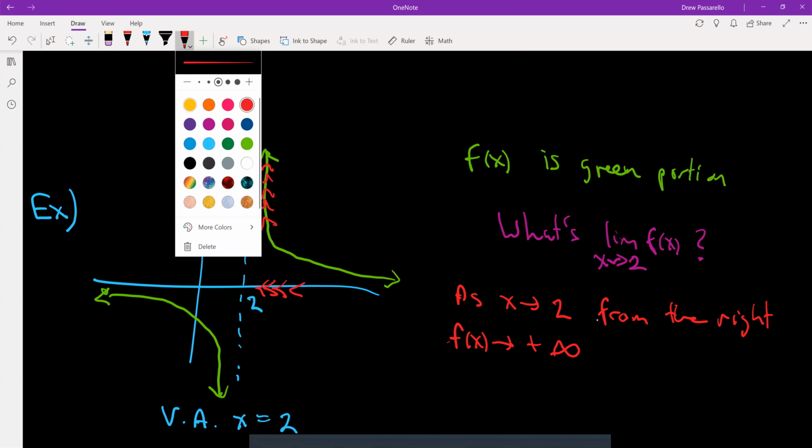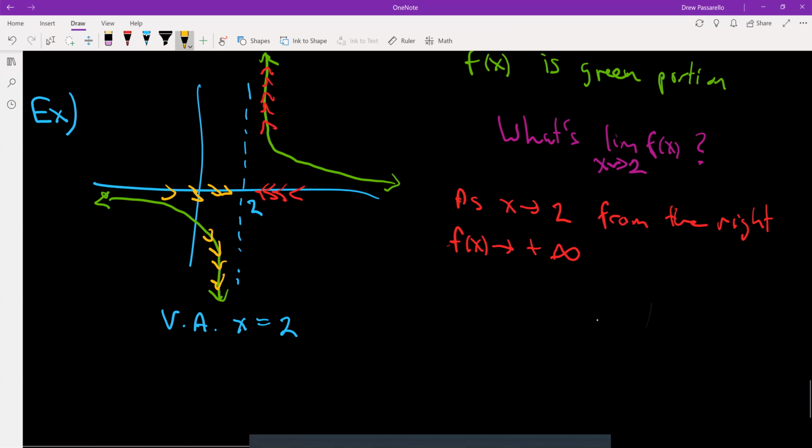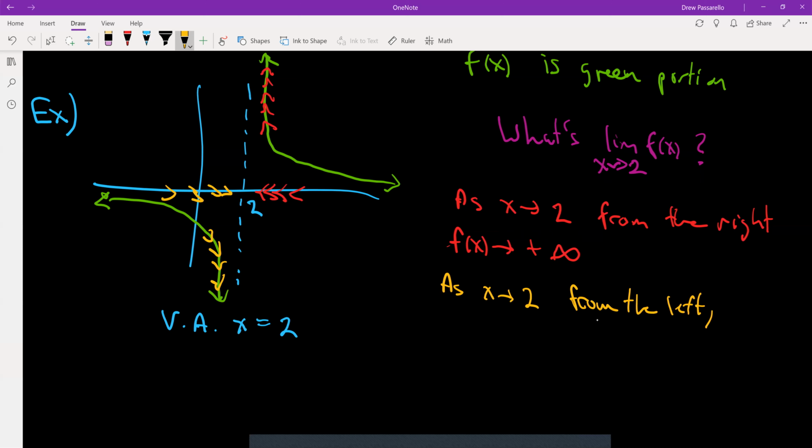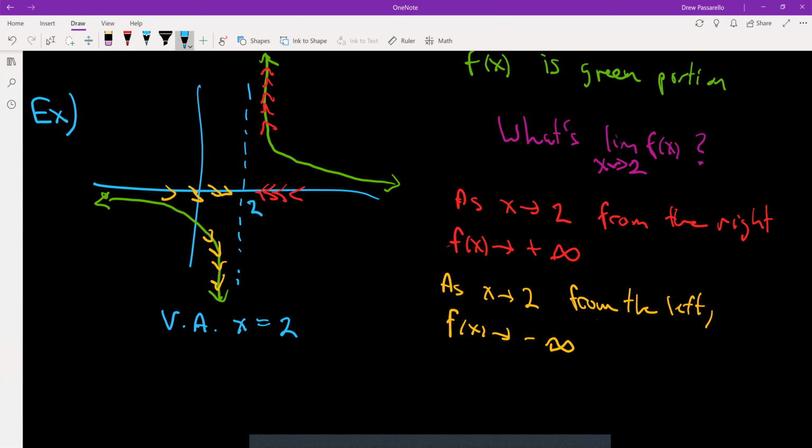Now if I approach 2 from the left side, the y-coordinates are on this portion of the graph, and they're going down forever to negative infinity. Now the point is that they don't approach a finite value.